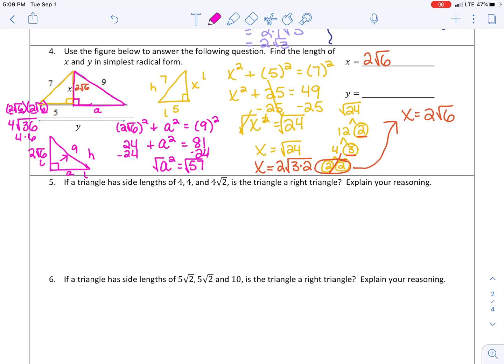But 19 is actually prime and so is 3. So this is actually simplest form. So we have a is equal to the square root of 57. Now, that is not what y is equal to, because you still have this 5 over here that you have to add into that. So y is just going to be 5 plus the square root of 57.